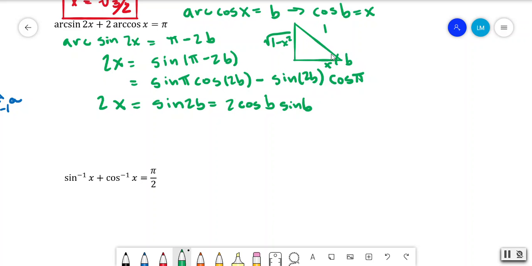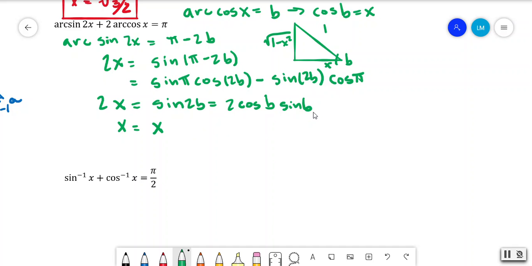Now, of course, the 2's cancel out, and so you have x equals 2 cosine b sine b. Cosine was already established to be just x, so we have x.